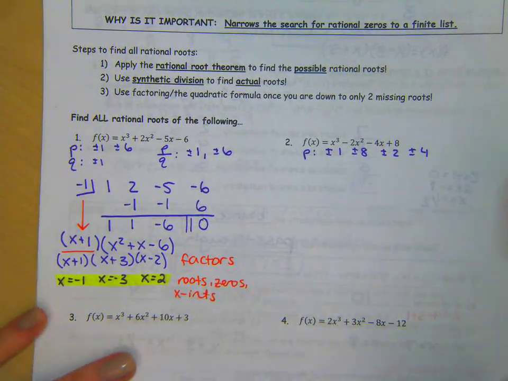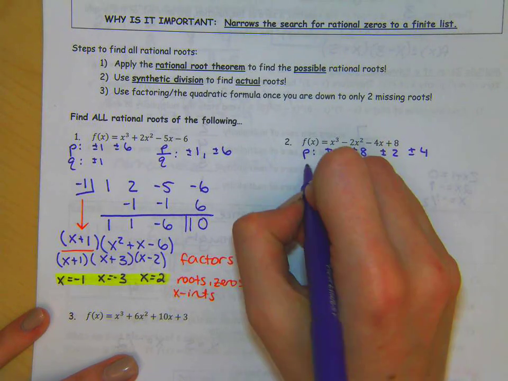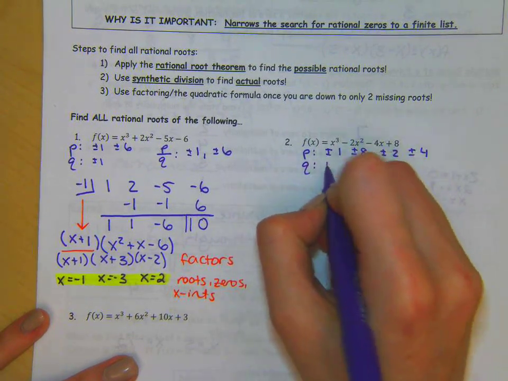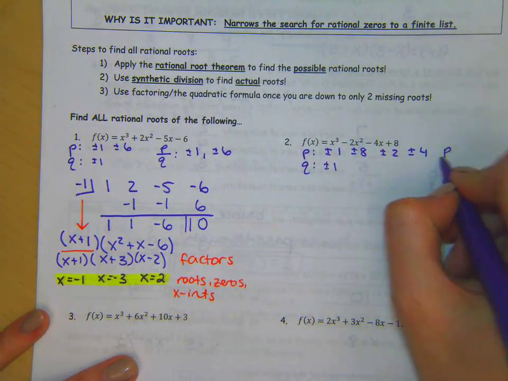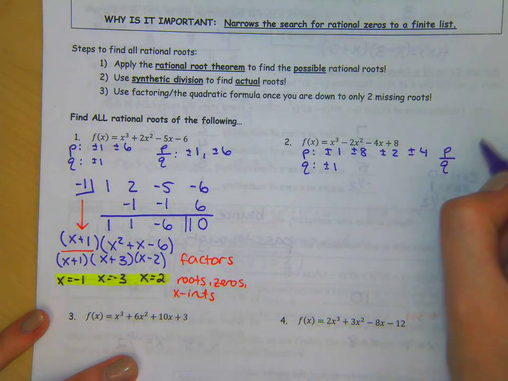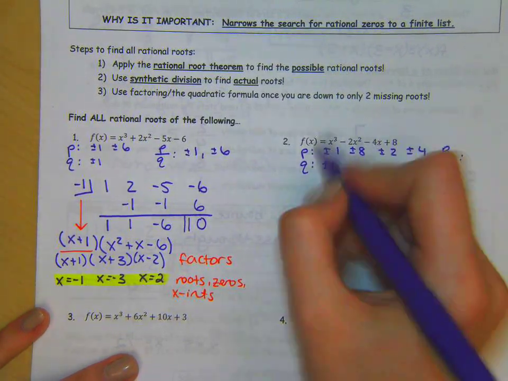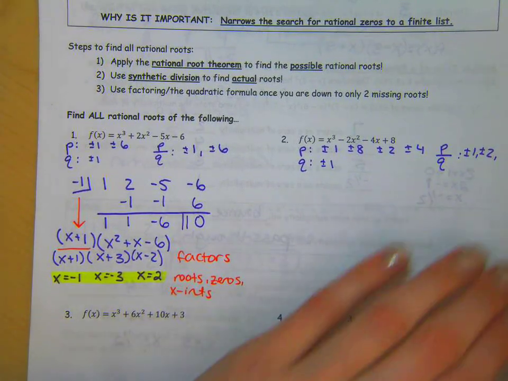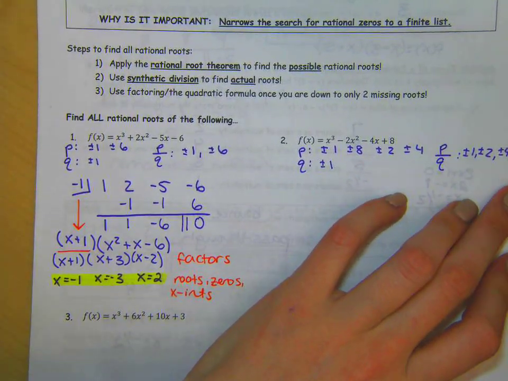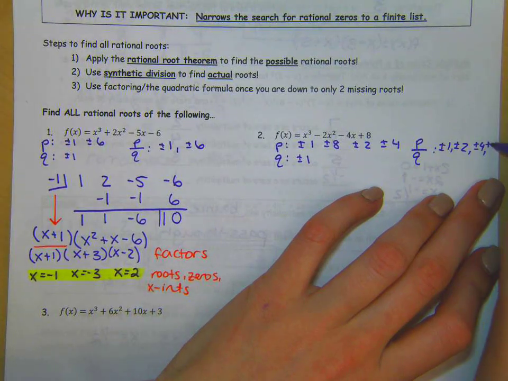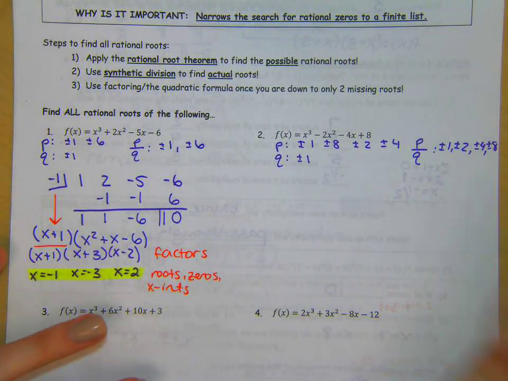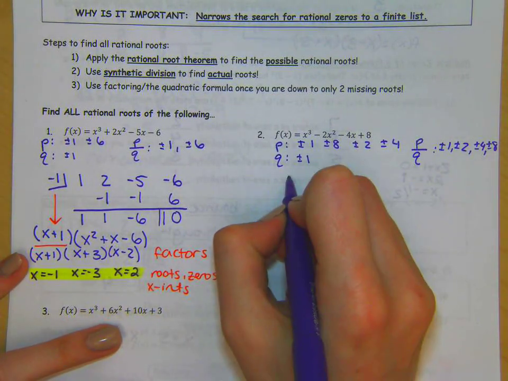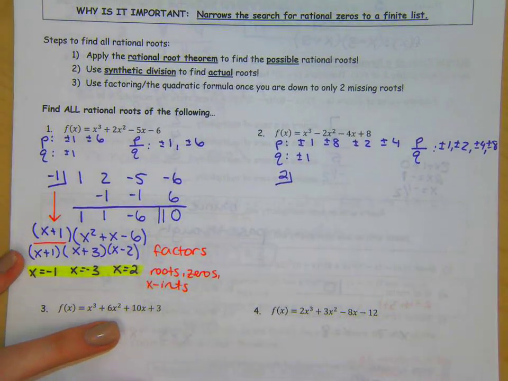Our q is the same thing, plus or minus 1. It's nicer when the q is plus or minus 1 because that leaves our p over q to be exactly what our p is. So plus or minus 1, in numerical order, plus or minus 2, plus or minus 4, and plus or minus 8.